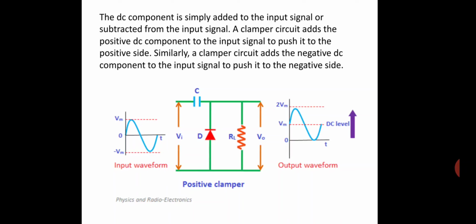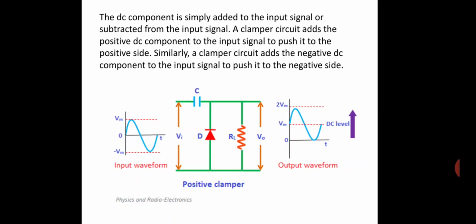When the input cycle is positive, the capacitor stores charge along with the input. Vm is the peak value of the input positive cycle, so the capacitor charges to the level of Vm.